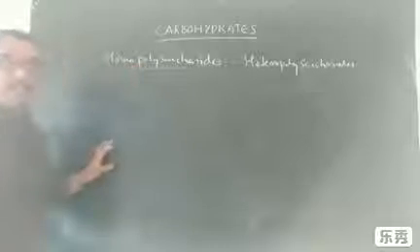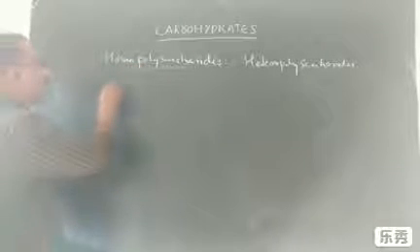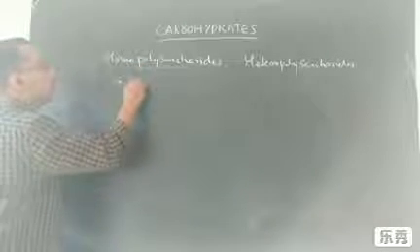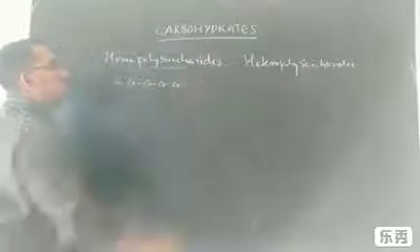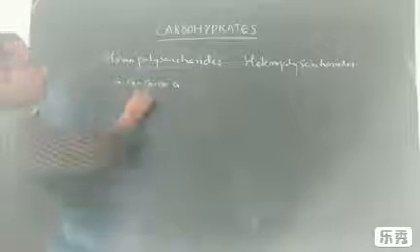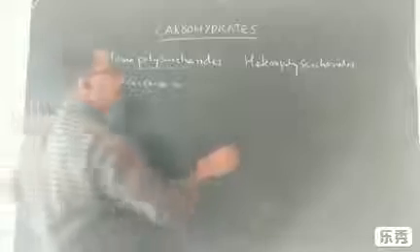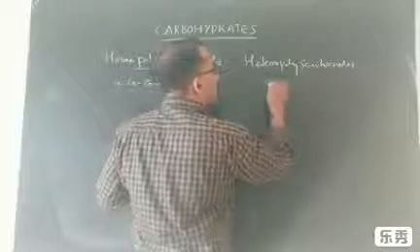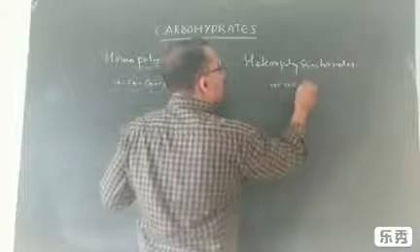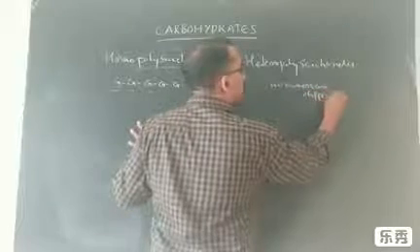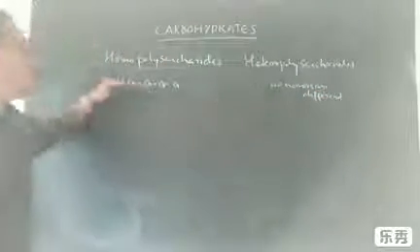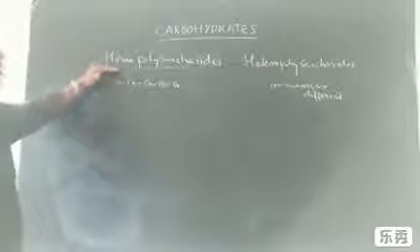Homopolysaccharide means the constituent monomers are the same, for example glucose, linked together. Here in heteropolysaccharide, the monomers will be different. The monomers are different in heteropolysaccharide, but the monomers are similar in homopolysaccharide.